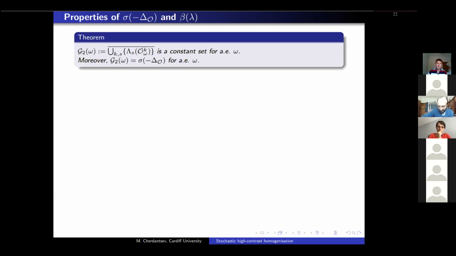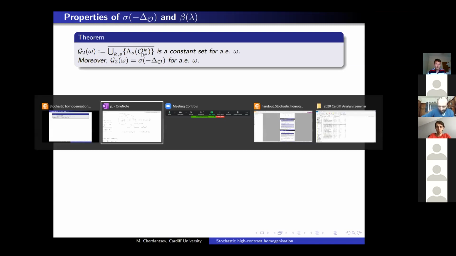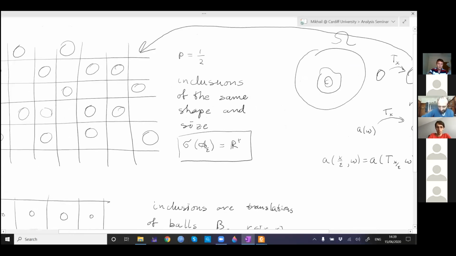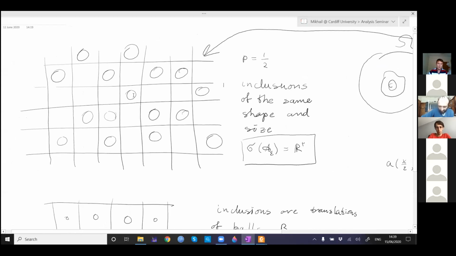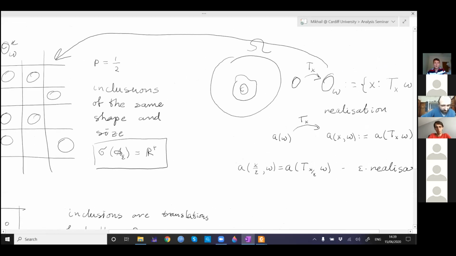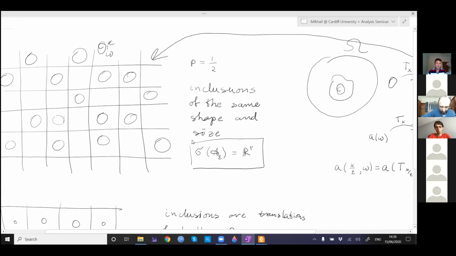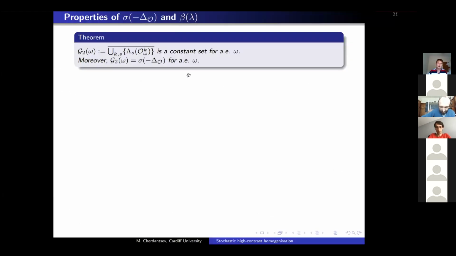We denote each individual inclusion. Let me go back to the picture. Each individual inclusion here is denoted by O_{ω,k}. So O_ω that you see here is a collection of such inclusions, and k is just the index. Then you take all eigenvalues corresponding to the Dirichlet Laplacian on this individual inclusion. They are indexed by s.